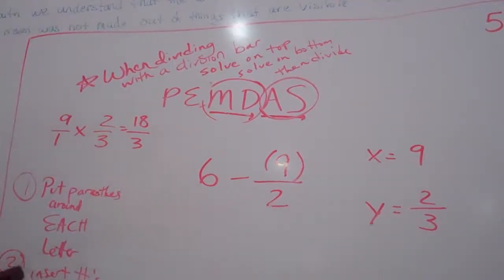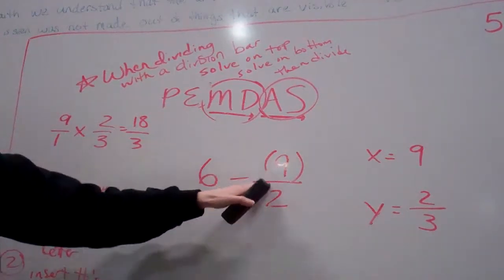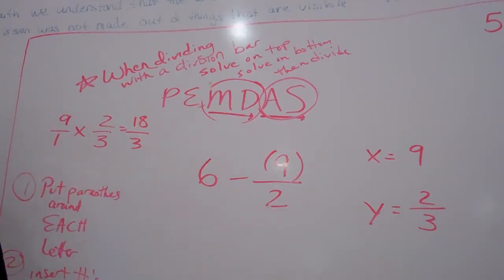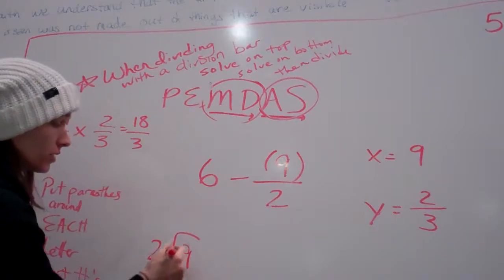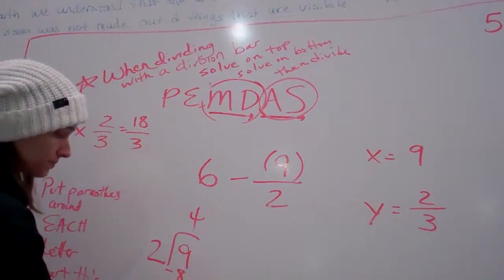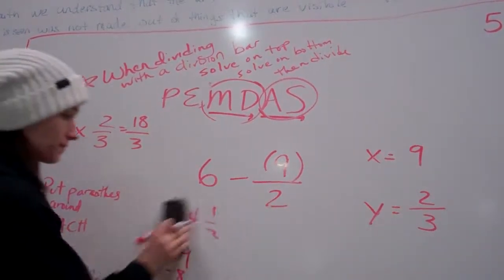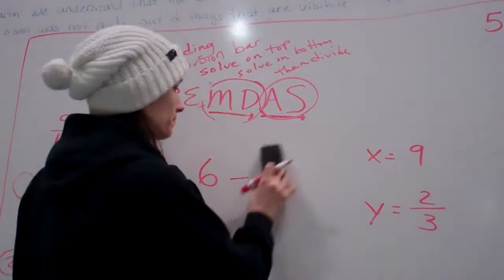If I were doing this problem, I would take 9 divided by 2 and make it into a mixed number. Okay, so let's do that. 9 divided by 2 becomes 4.5.